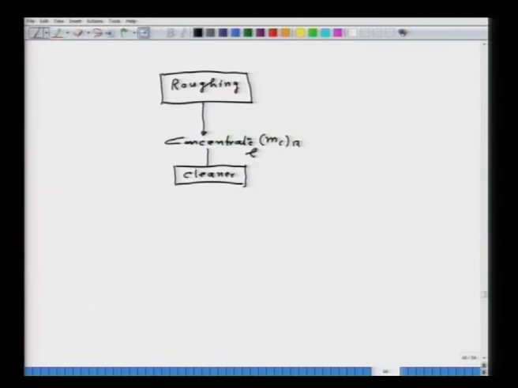Its grade is CR. Then we have from here the cleaner concentrate, that is what the problem says. Let us say its mass is MC and its grade is CC.